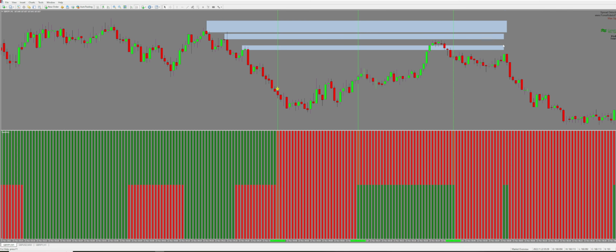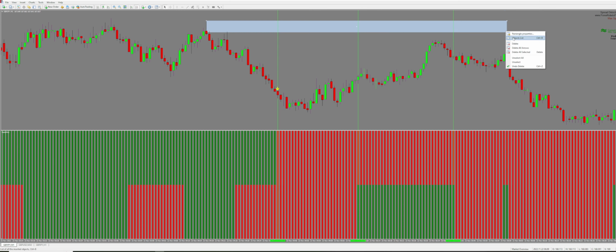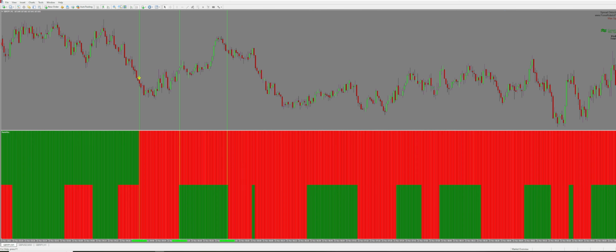Let's not do that. Let's delete all this and let's remove the, what can I say, it's the disadvantage of a lot of strategies.